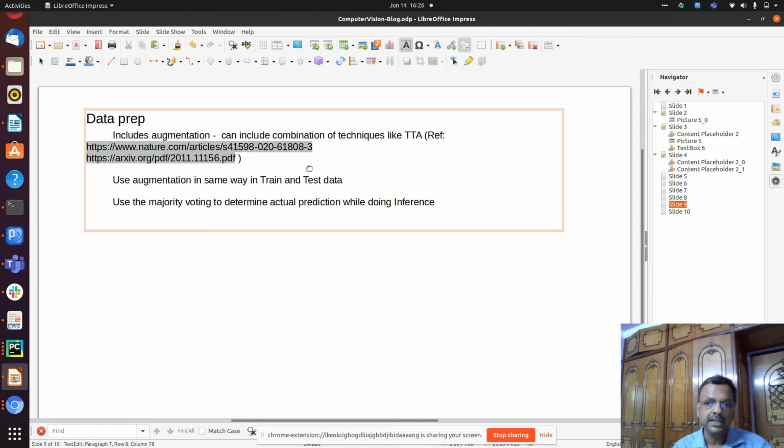Now I do my predictions on these five augmented images and take the majority vote of the class to determine the class of the test image. So it's one step more involved than just passing the test images and getting the prediction. For each image, we have to do these augmentations in the exact same way and take the majority voting.